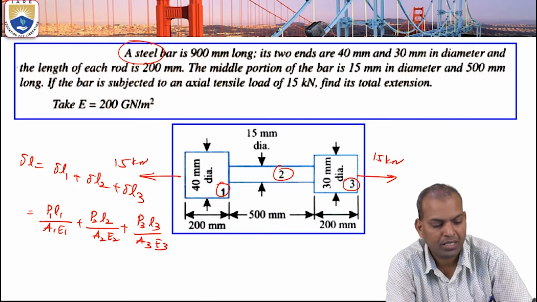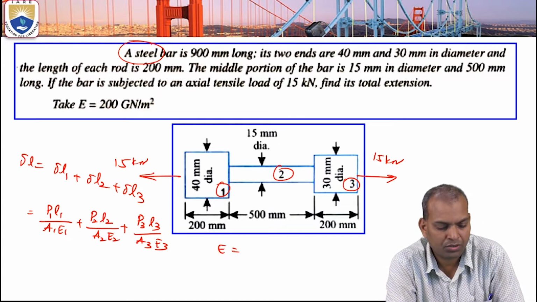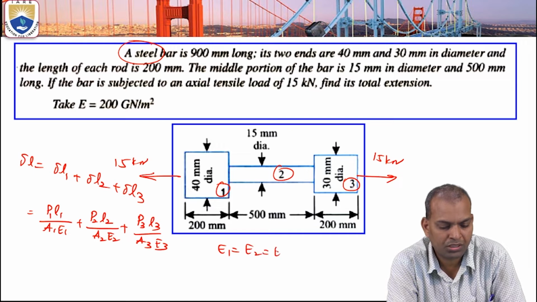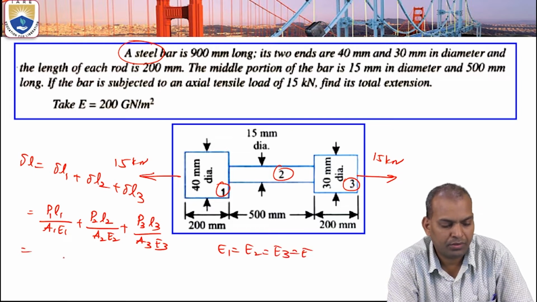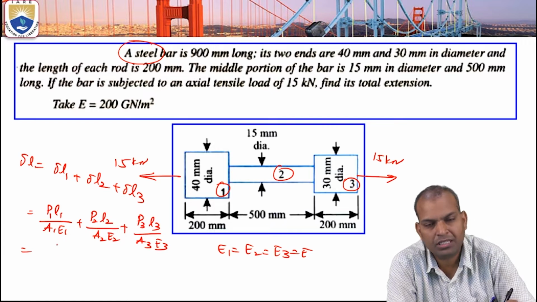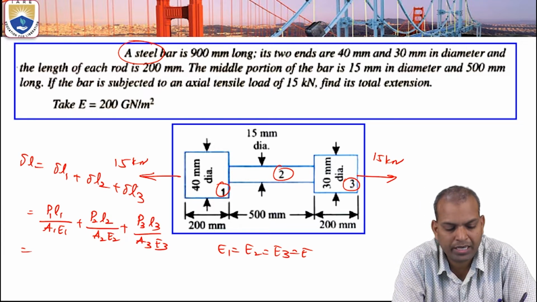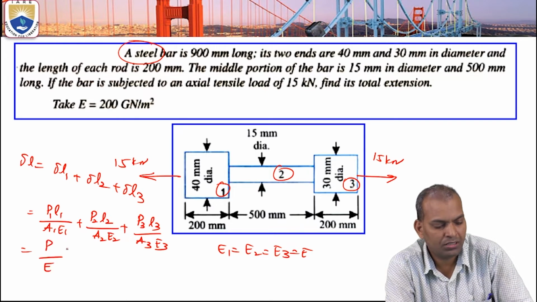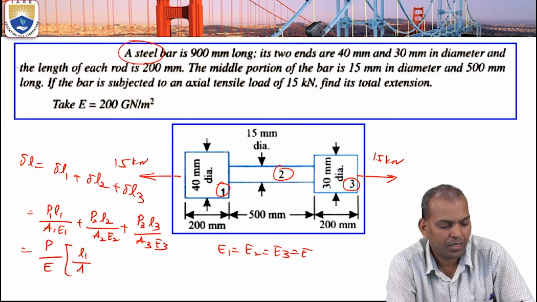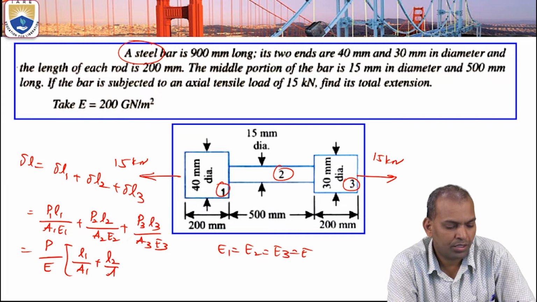So E1 equals E2 equals E3 equals E, that is the steel. And one more thing, the load acting on the 3 cross sections remains the same. The load is 15 kilonewtons, so P remains the same and E is the same. Then delta L equals P by E times L1 by A1 plus L2 by A2 plus L3 by A3.